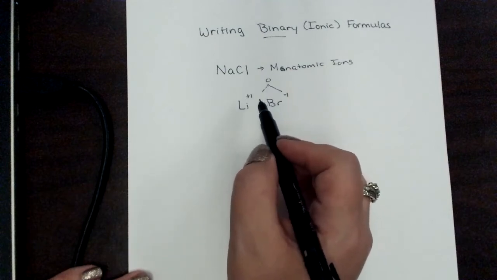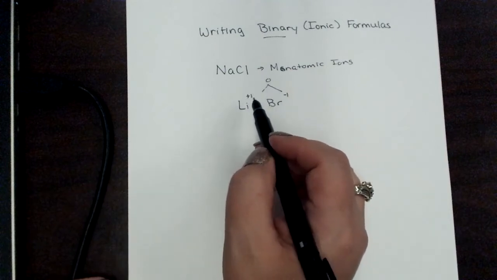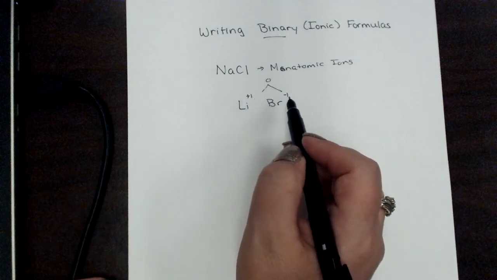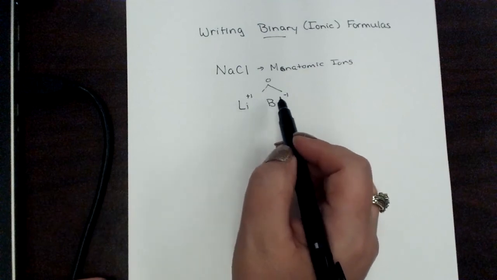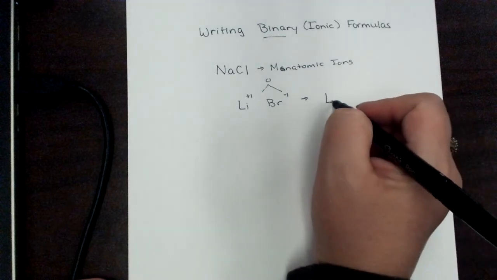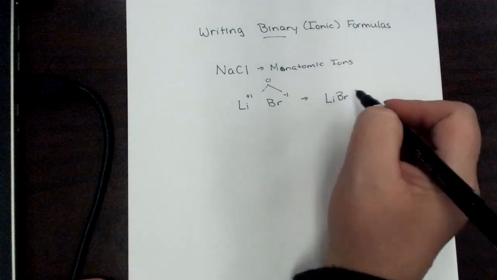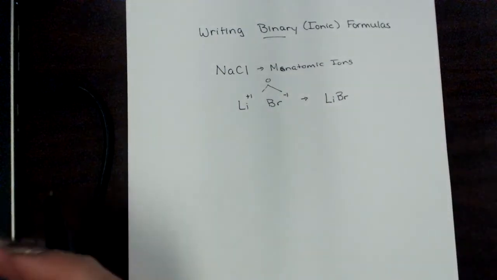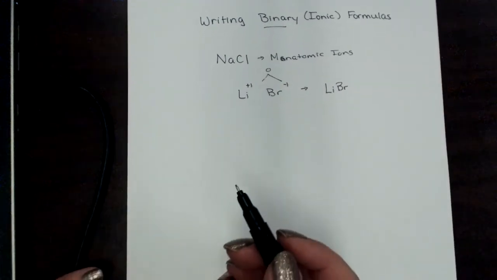This one is basically automatically done, because the +1 and the -1 cancel each other out. So your answer is LiBr, and that's how you would write the formula for lithium bromide.